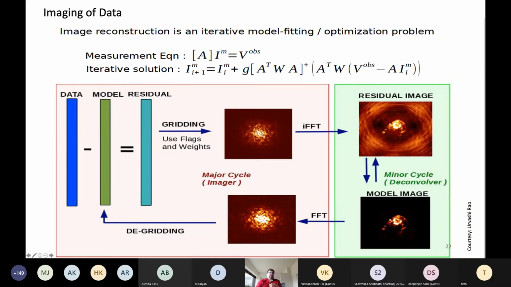So that's data minus the model, and you look at the residual, and you then do further processing to essentially deconvolve out this array beam from the data completely. So you go through a couple of iterations in this particular process. You make a better model, and then you take the better model and again go to the same space and do this till you get a residual which is acceptable, meaning the residual you should get from the time of the observations you have done.